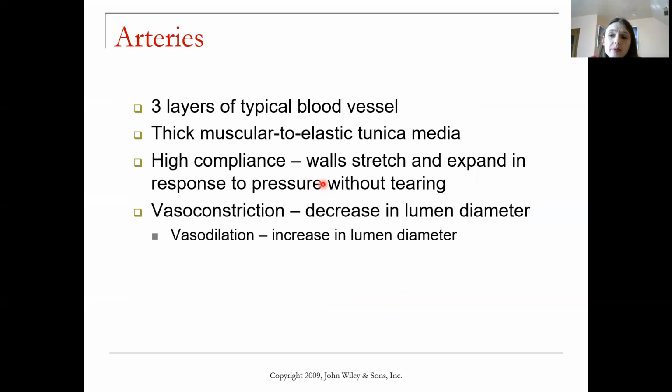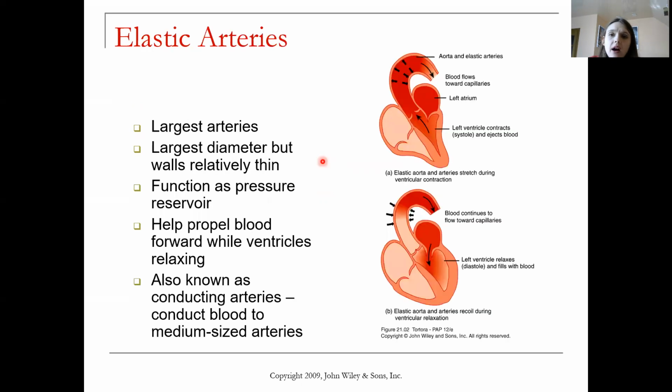Due to their high compliance, vessel walls are able to stretch or expand in response to pressure without tearing. As I mentioned previously, vasoconstriction leads to a decrease of the lumen diameter, and vasodilatation leads to an increase of the lumen diameter.